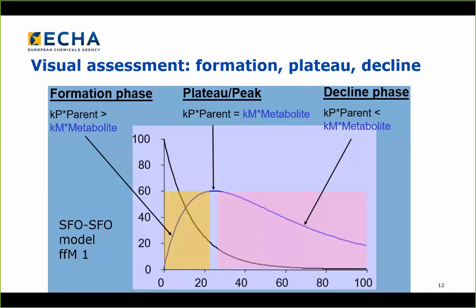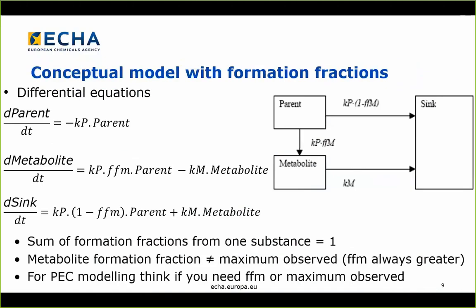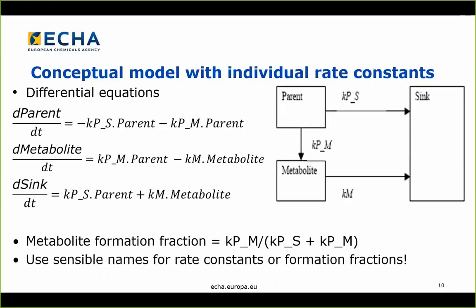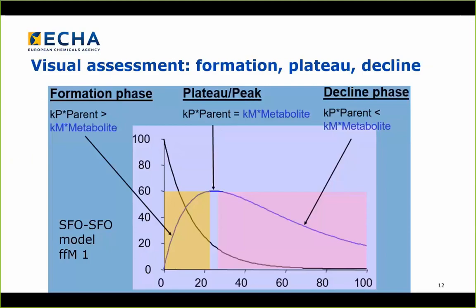And each of those phases can be defined by thinking about the flows in and out of the metabolite. Okay, so in our metabolite conceptual model, we've got a flow in and we've got a flow out. So during the formation phase, the flows in, determined by this part of the equation, are greater than the flows out, which are determined by this, the metabolite degradation part of the equation.